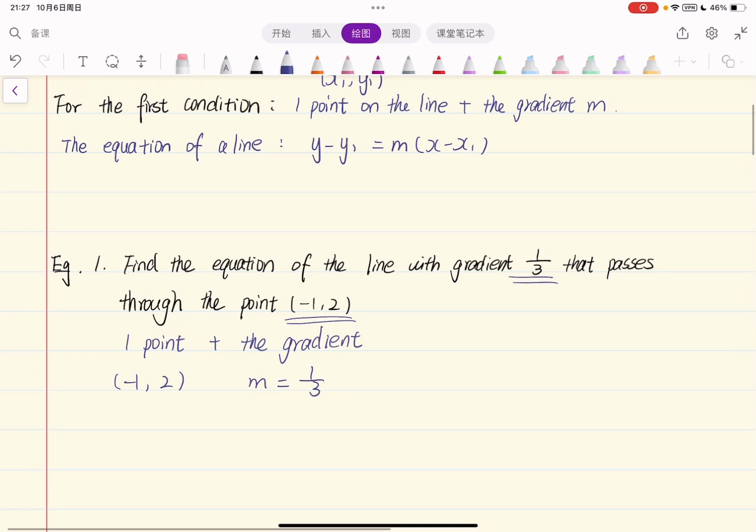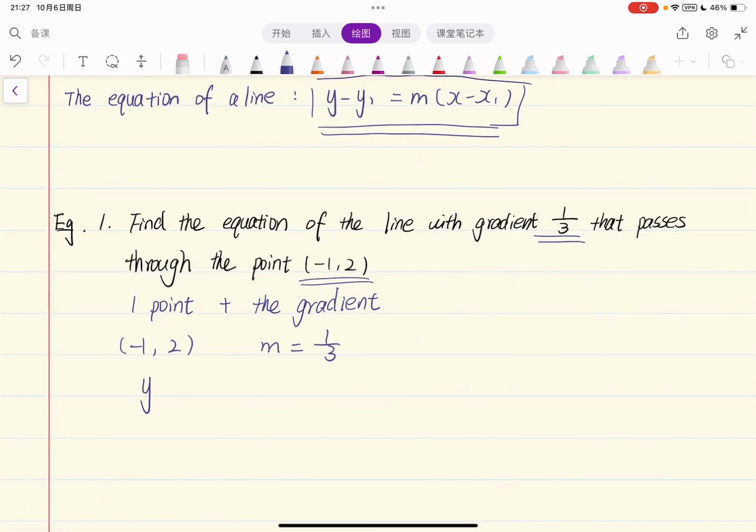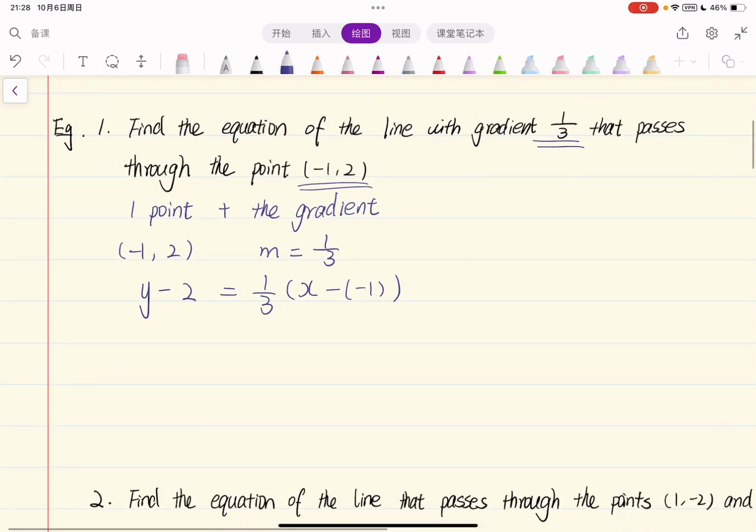So use the equation of a line here. We can write y minus 2 equals 1/3 times x minus -1. Then we rearrange that. We have y equals 1/3x plus 1/3 plus 2. So y equals 1/3x plus 7/3.